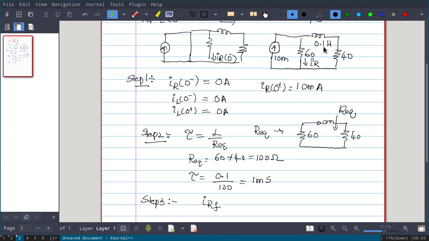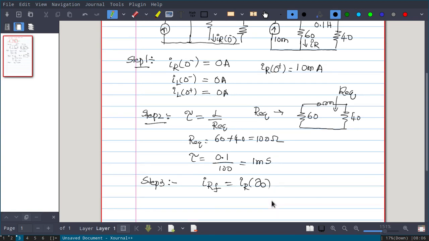So IL of t will be ILN plus ILF. If you want to calculate IR of t, then it is IRN plus IRF, where IRN denotes the natural response of the current and IRF represents the forced response of the current. We can even call IRF as IR infinity, or the steady state IR current.